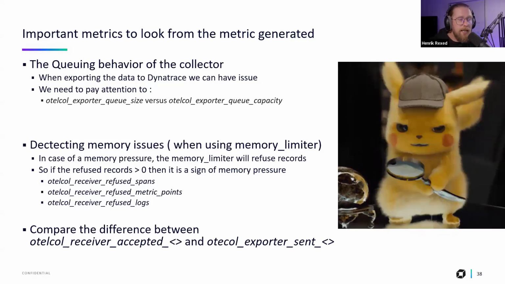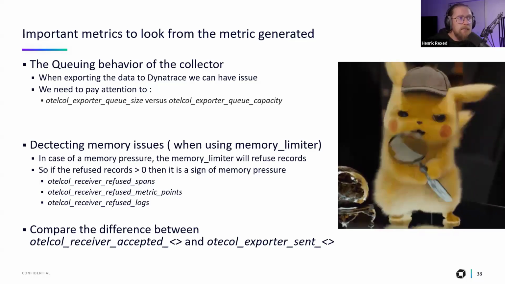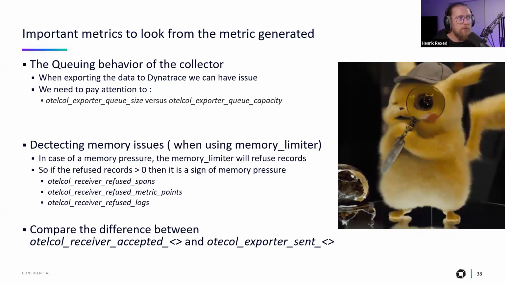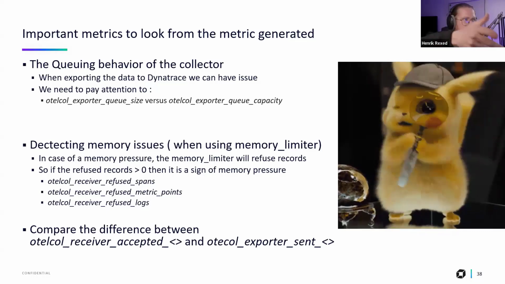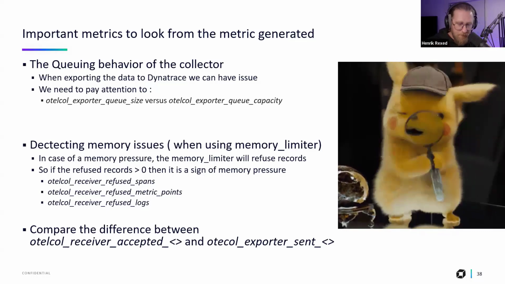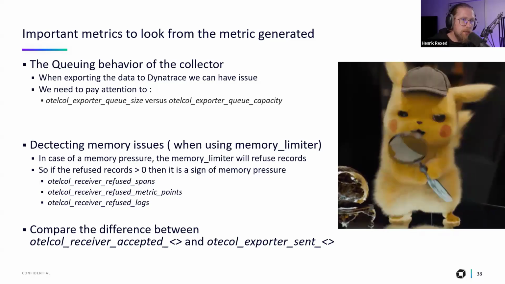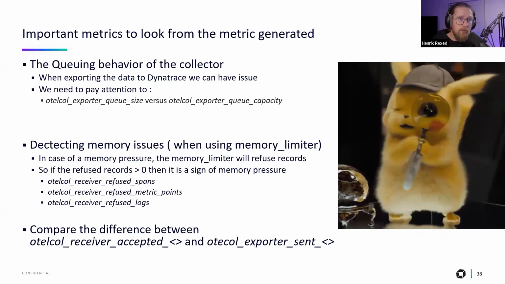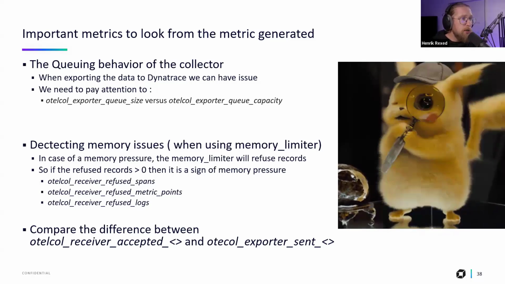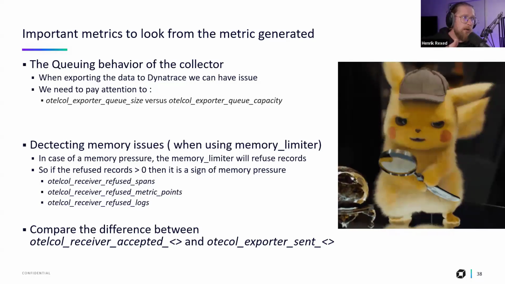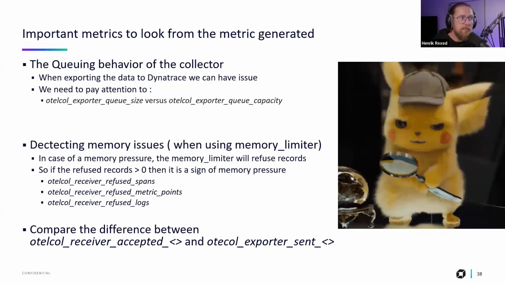But if you manage your collector by yourself, then there are some signs of unhealthy behavior of the collector. When your collector is sending data to Dynatrace, if there are problems in the HTTP world, an issue with networking, whatever, or a problem with the metrics, then the data will be kept in memory and it will try to retry. When it's kept in memory, it's stored in a queue.